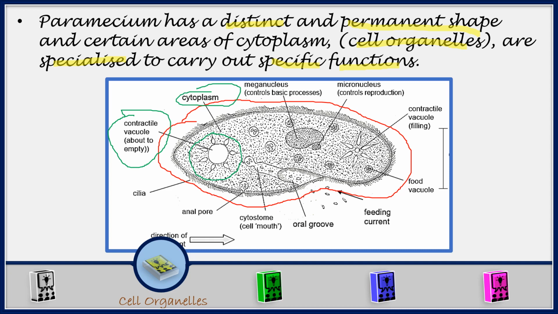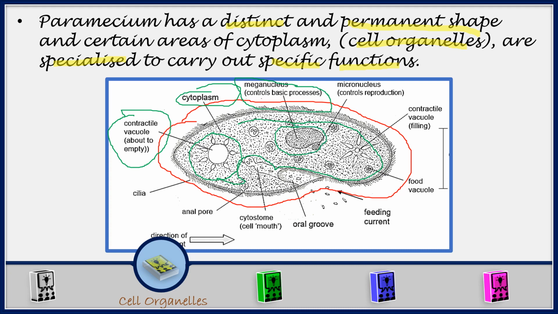The whole area that we are seeing inside here, all that area is a cytoplasm, and it has a meganucleus which controls the basic process. This one in the middle is our meganucleus.